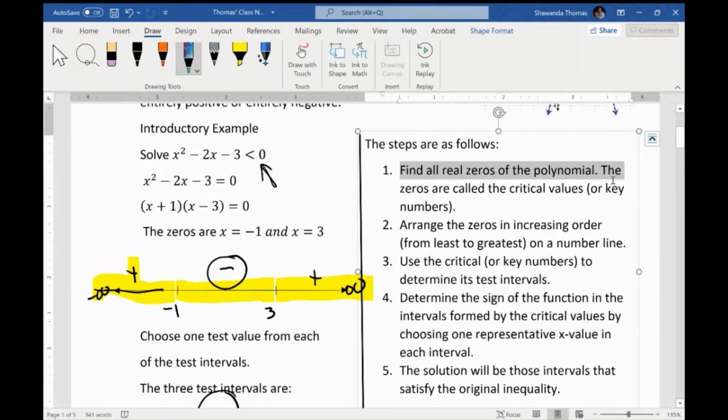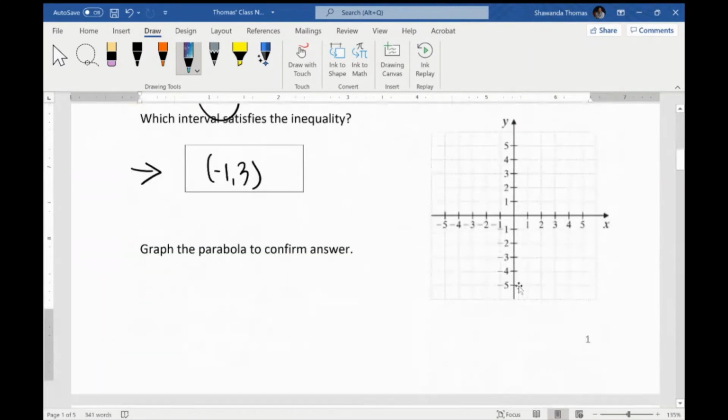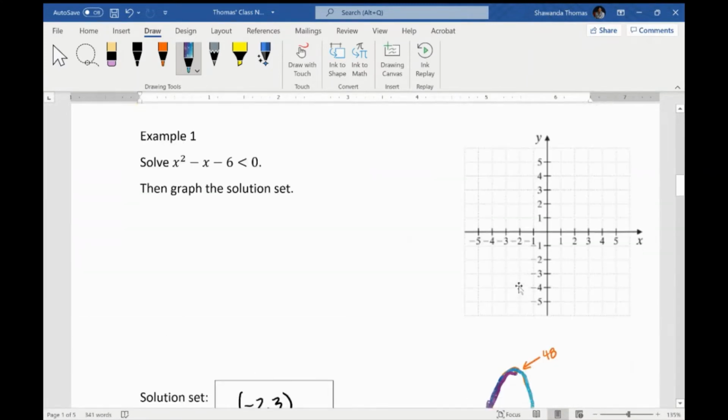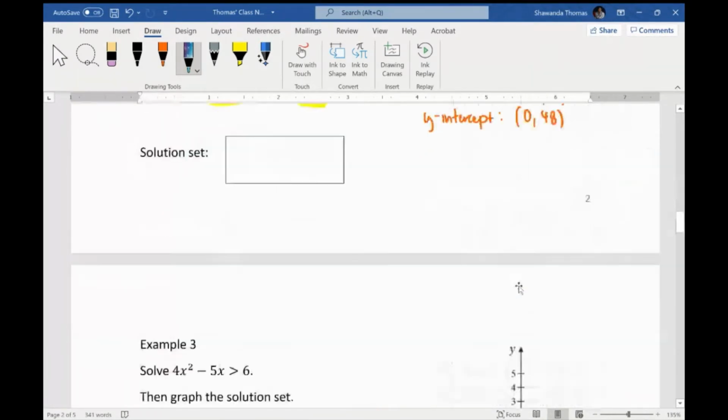The zeros are called the critical values or key numbers. Later on, I'm going to tell you something else is called a key number. I just hadn't gotten to it yet. Write that down. It's one more piece of information I have to explain, and we're going to get to it.